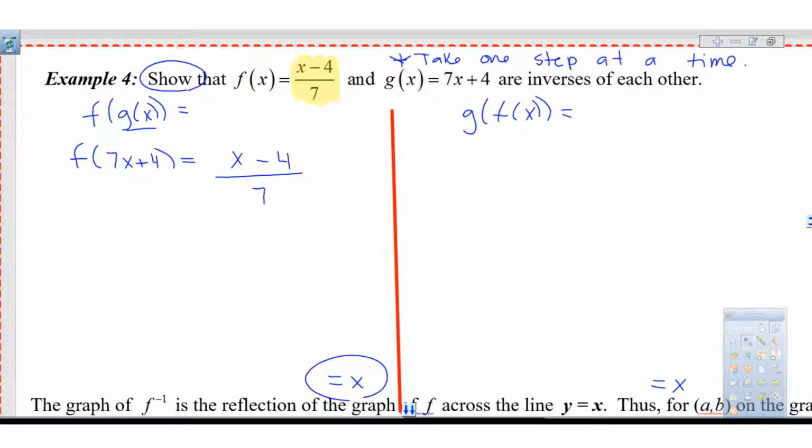But that x is not supposed to be an x. So now we're going to take our erasers and get rid of it. And what are we going to put in place of x? Everybody talk to me. 7x plus 4. When I do that erasing thing, raise your hand if it's easier to understand, the erasing thing. Okay, a couple.